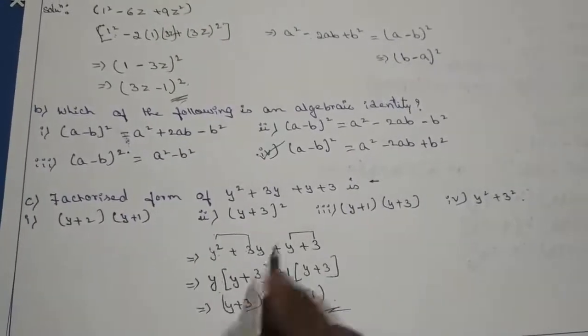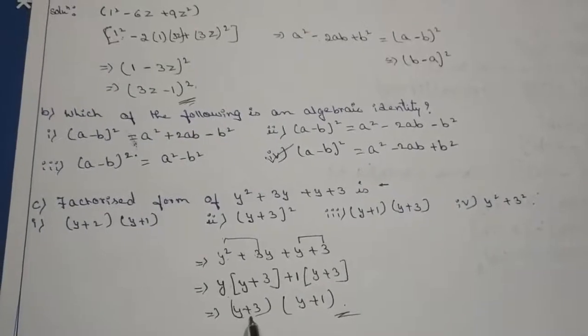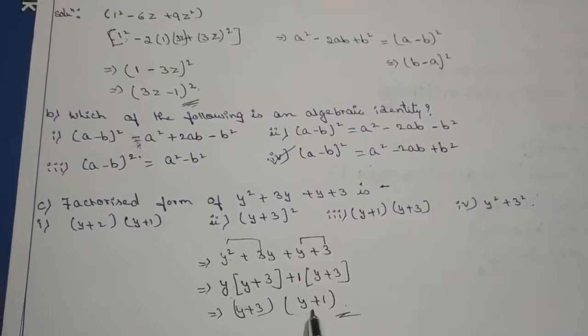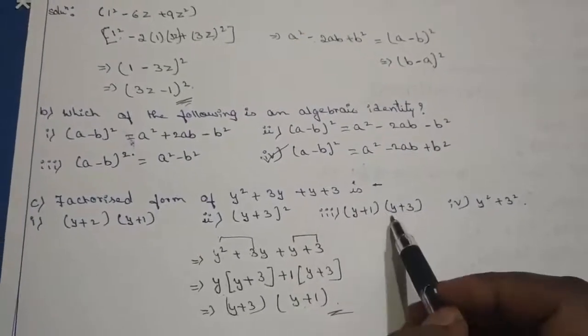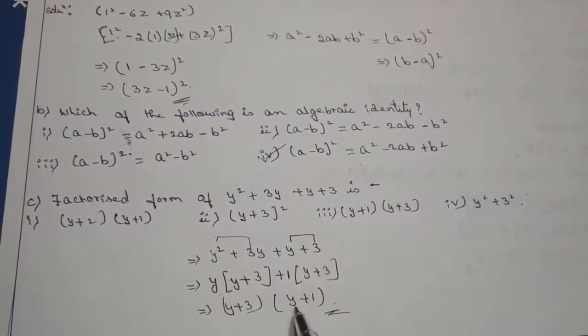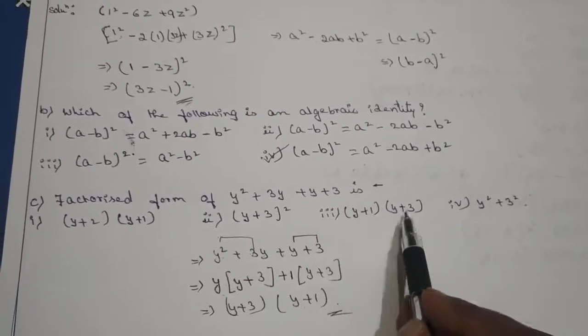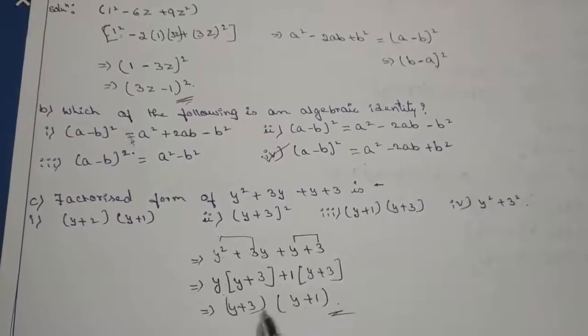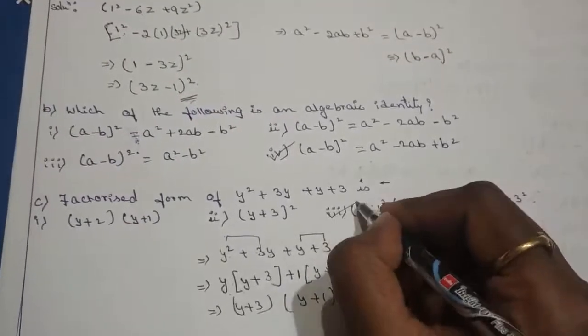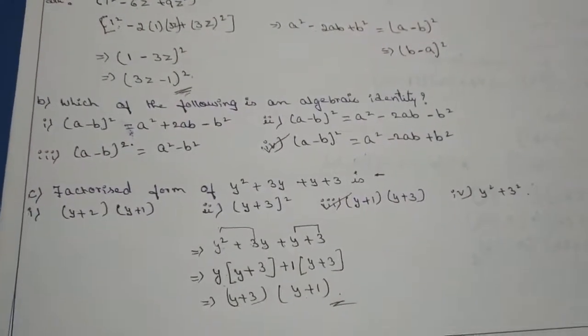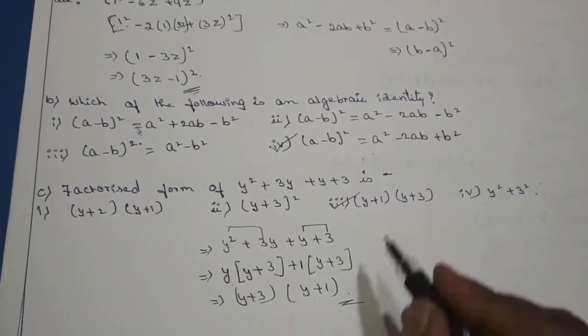Then the factors for the given expression is y plus 3 into y plus 1. Where is it? Yes, here. Then you will have a doubt. Madam, first is given y plus 1 in the option, then y plus 3. But here we got it in reverse. We know the commutative property. A into B can be written as B into A. So third option is the right answer.